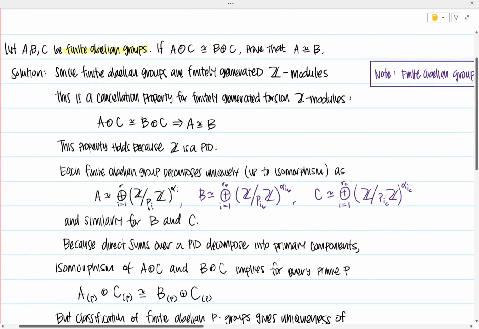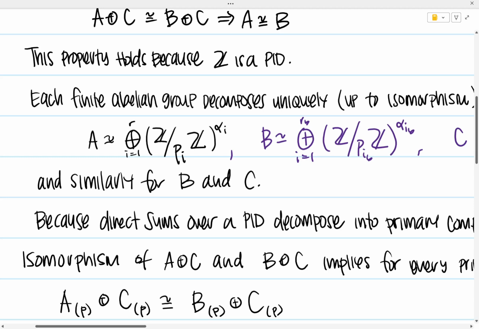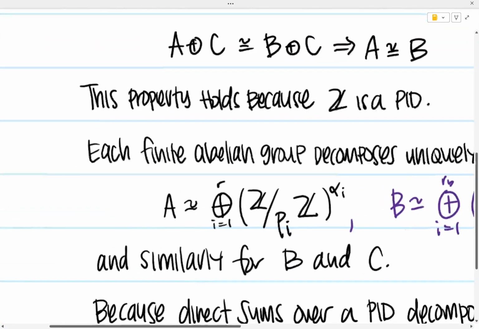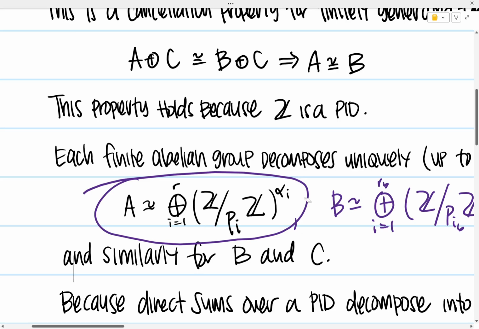All right. So again, now we're explaining exactly what's happening. Because direct sums over a PID decompose into primary components, this is exactly what A is saying.